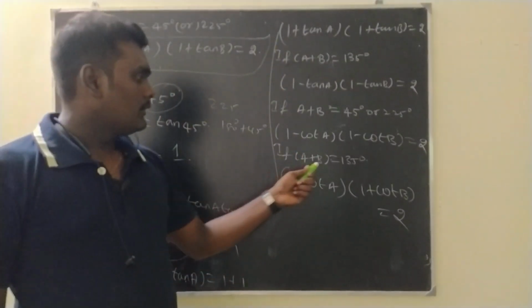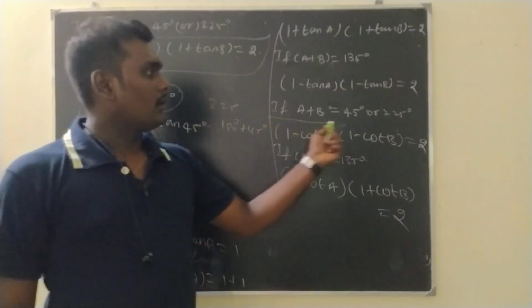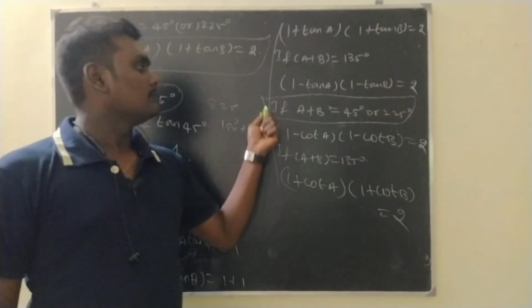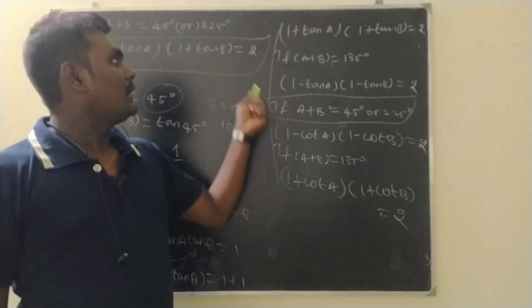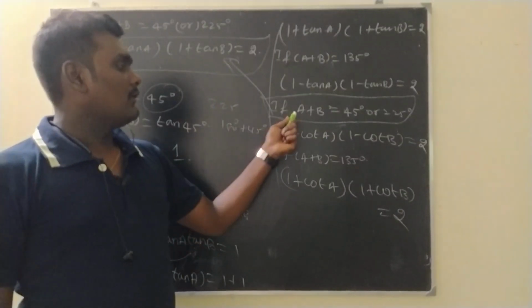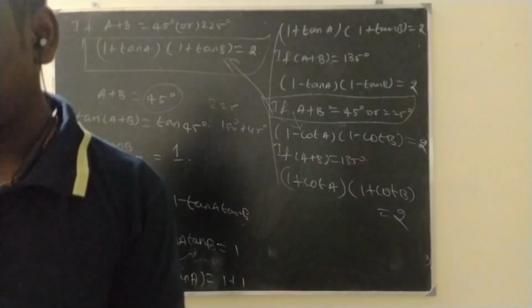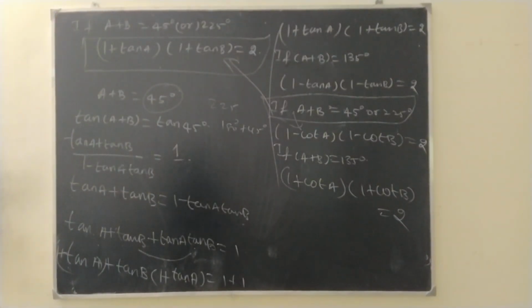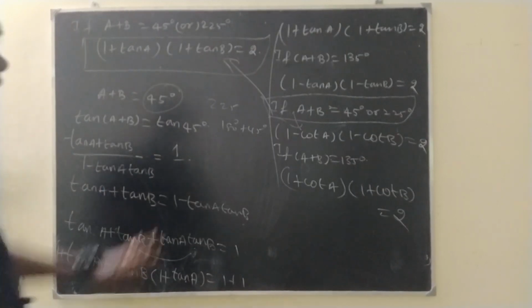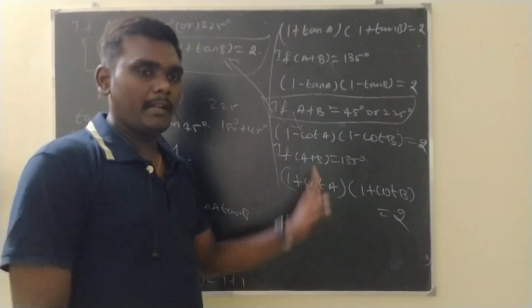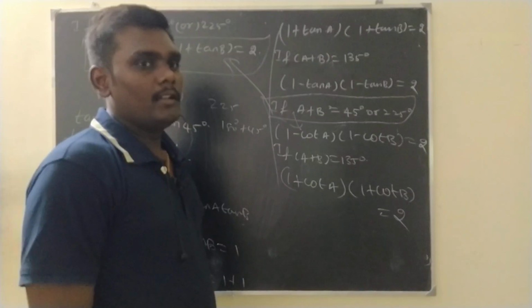You see, this is one category. In this, tan takes positive, cot takes negative: 1 minus cot A, 1 minus cot B.